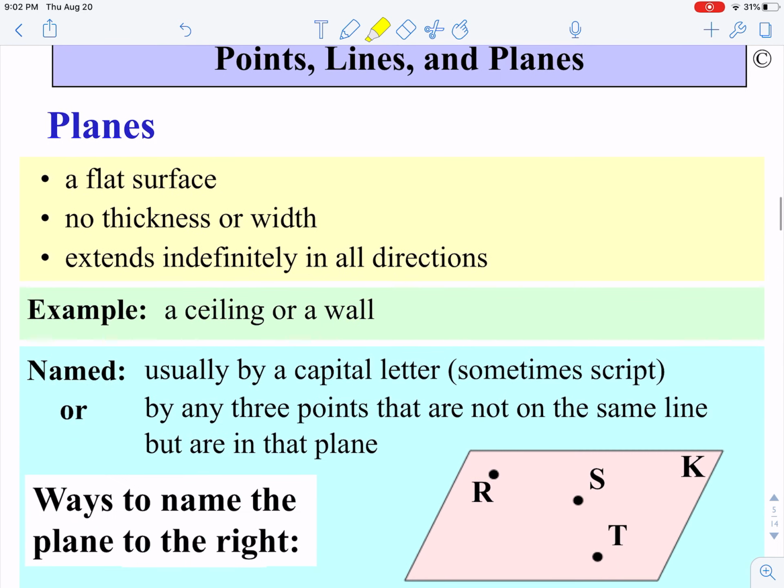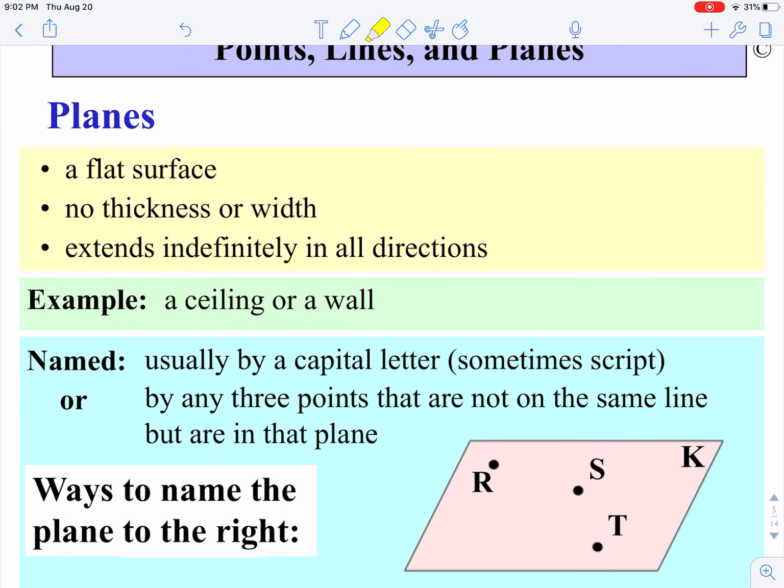Okay, our third vocabulary word is a plane. A plane is a flat surface. Again, with no thickness or width, but we have to draw something and imagine that it extends indefinitely in all directions. So an example is a ceiling, a wall.